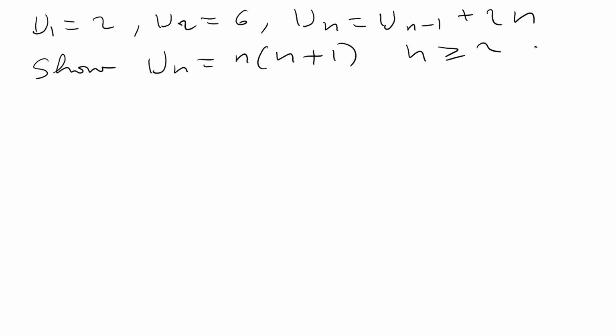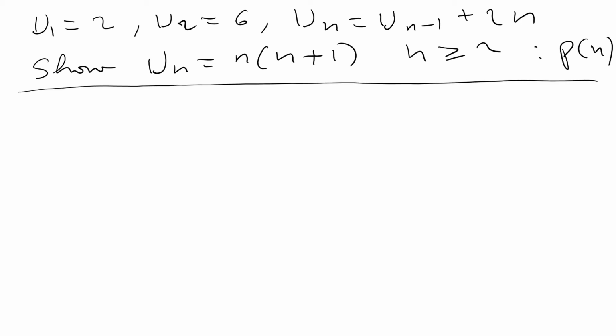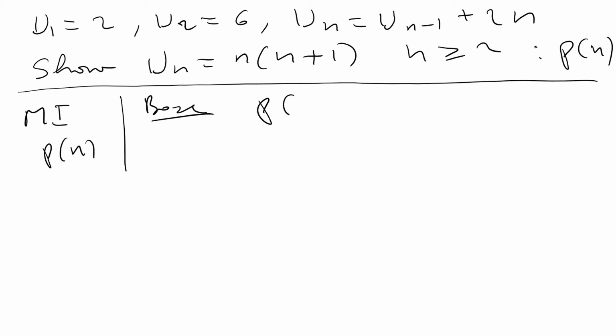Let me call this property Pn. This is our property Pn that we are trying to show. The principle of mathematical induction says that if you want to show the property Pn, on the base case you show P of n0, where n0 is the smallest value of n.